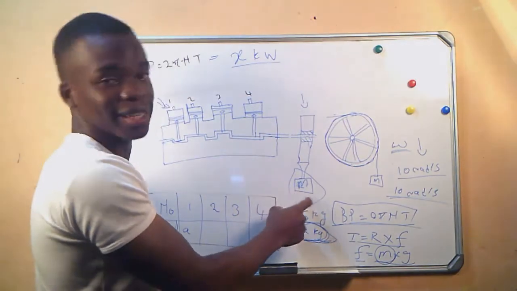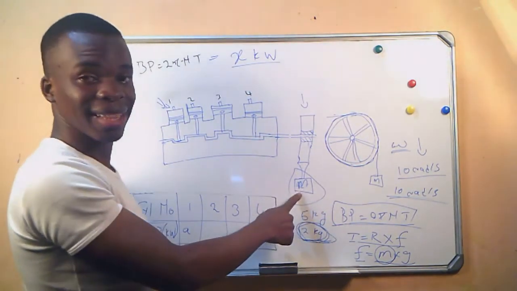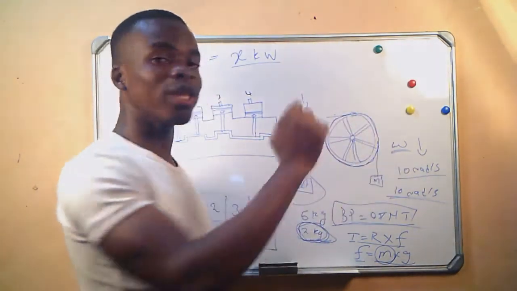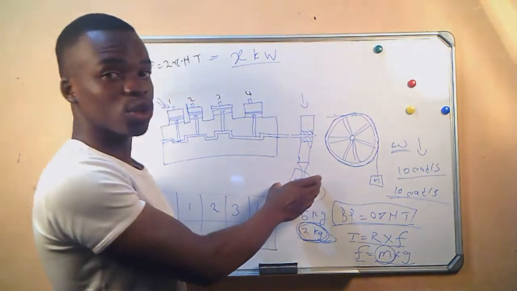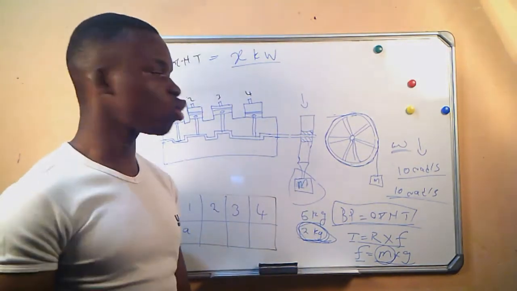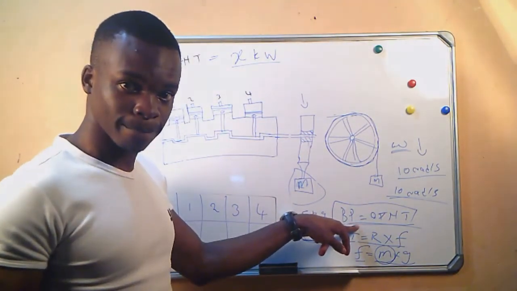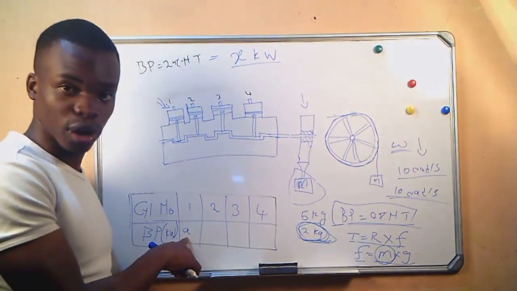Therefore, we ease the mass. We reduce the mass that is in the dynamometer. As a result, we are able to go back to the original angular velocity. But us reducing the mass caused us to have a decrease in the brake power, which is what we are going to record here.